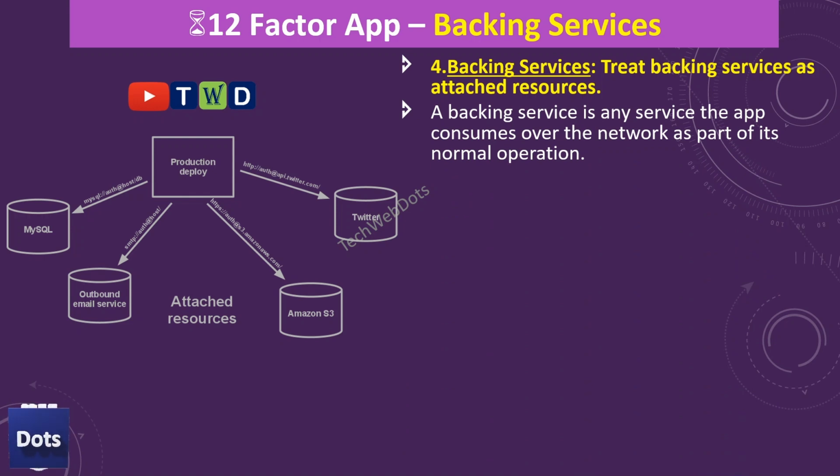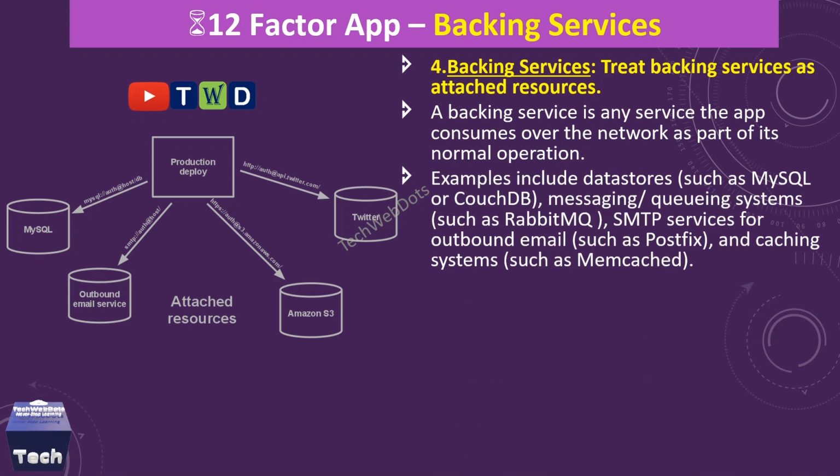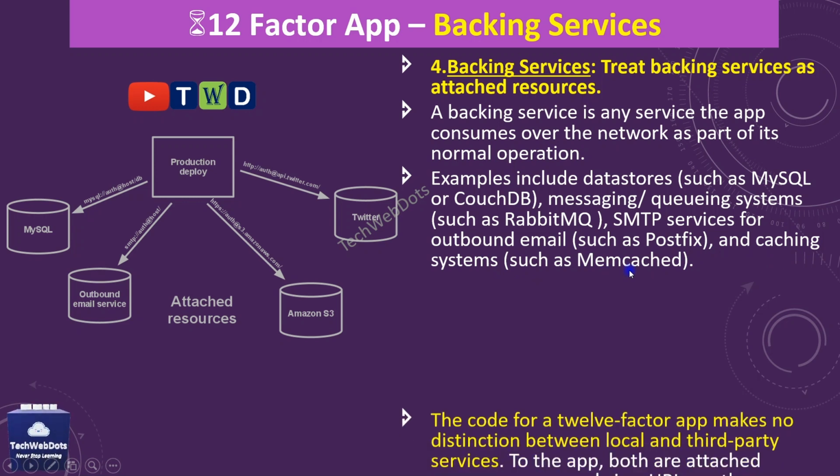A backing service is any service the app consumes over the network as part of its normal operation. Examples include data stores such as MySQL or CouchDB, messaging or queuing systems such as RabbitMQ, SMTP services for outbound email such as Postfix, and caching systems such as Memcached.